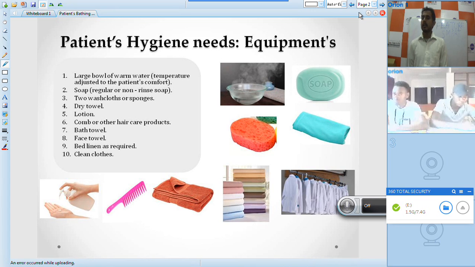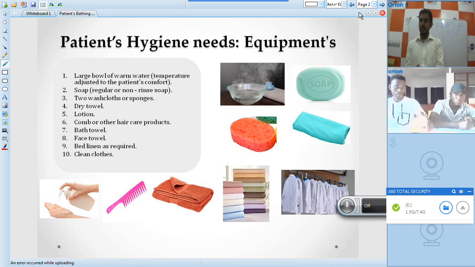Then the second one is soap, which is regular or non-rinse soap. It depends on the various types of patients admitted in the hospital, which kind of soap they are using is better for them. The separate washcloth for the patient and the sponges.